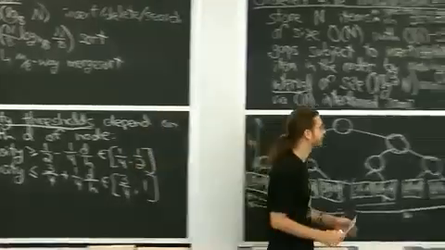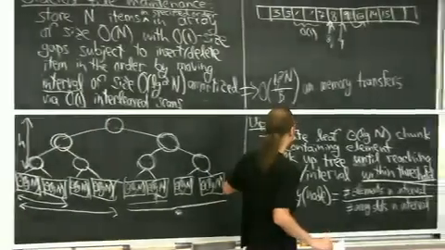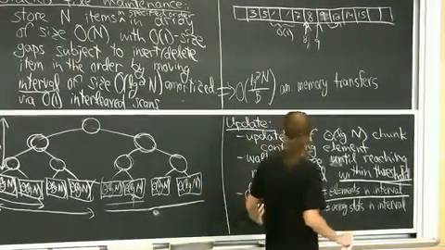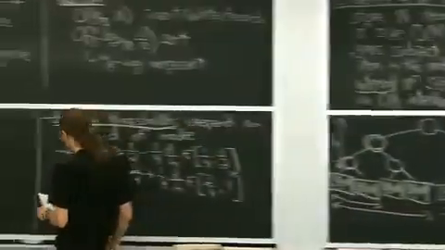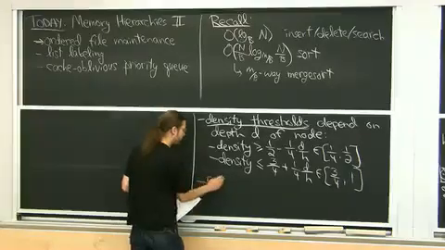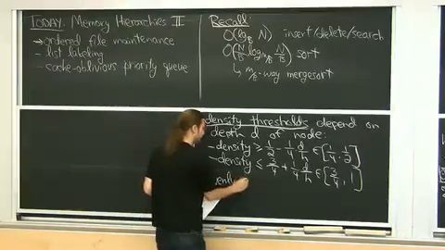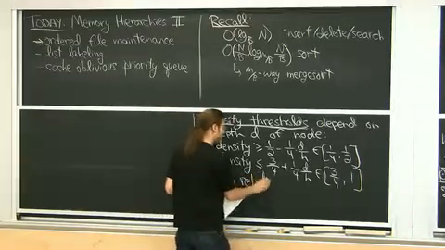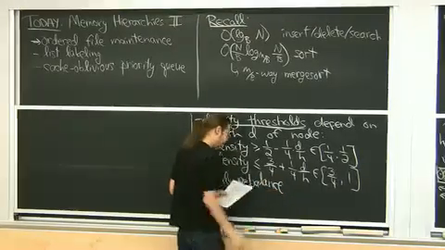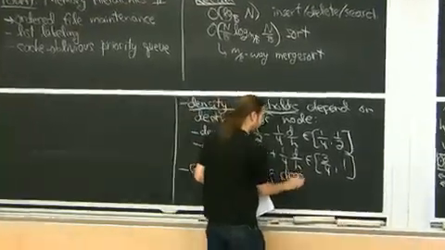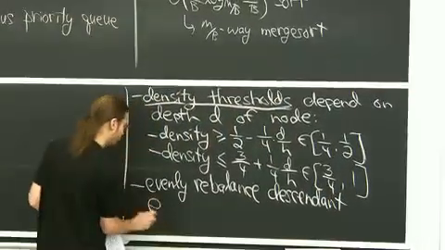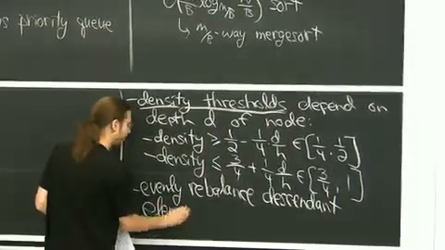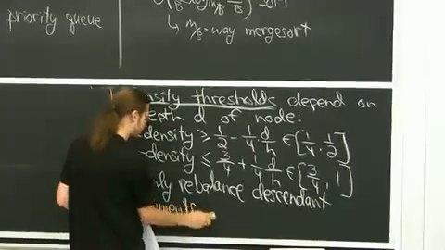Let me finish this algorithm. We walk up the tree until reaching a node within threshold. Density is this. Density threshold is this. And now we know what within threshold means. And then we evenly rebalance or redistribute all the descendant elements in that interval that is within threshold.